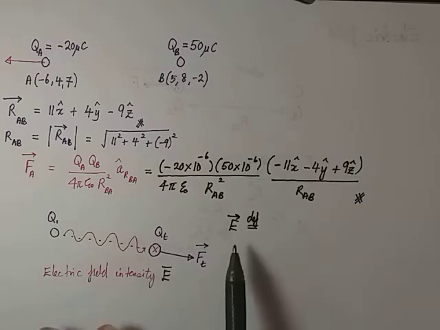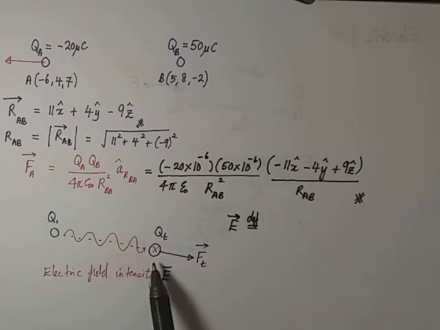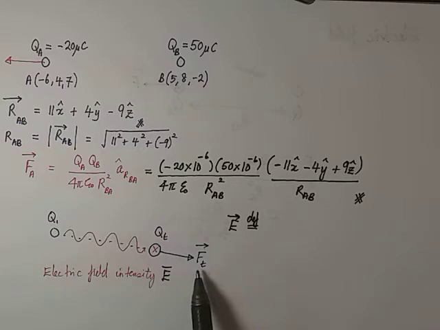So let's see, we want to find the E here. Look at what appears at that X position. There are two pieces of information that we can gather: the first is the force, the second is the charge.